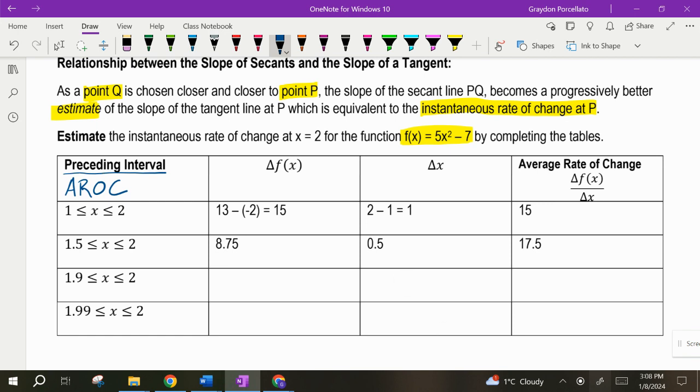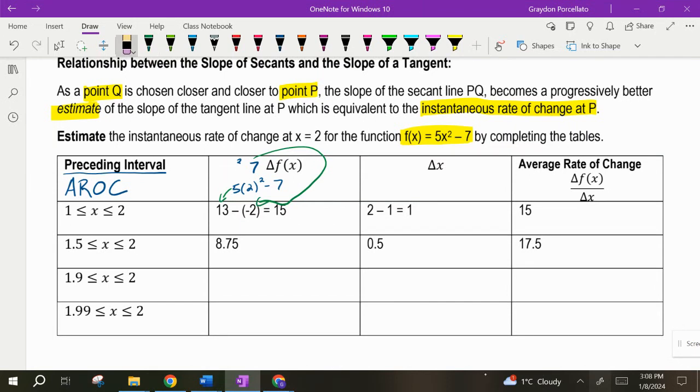In order to get these numbers, this 13 comes from 5 bracket 2 squared minus 7, which is 5 times 4, that's 20, minus 7. These two numbers come from substituting my x values into the equation.